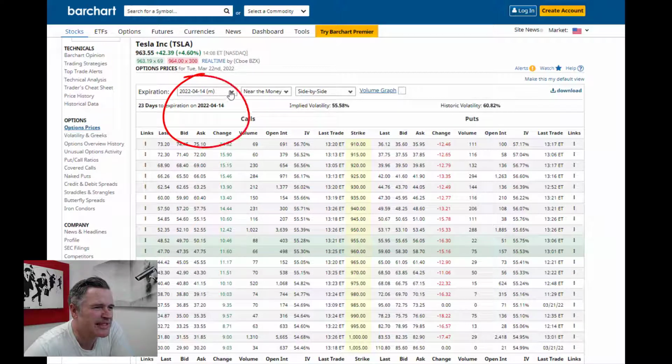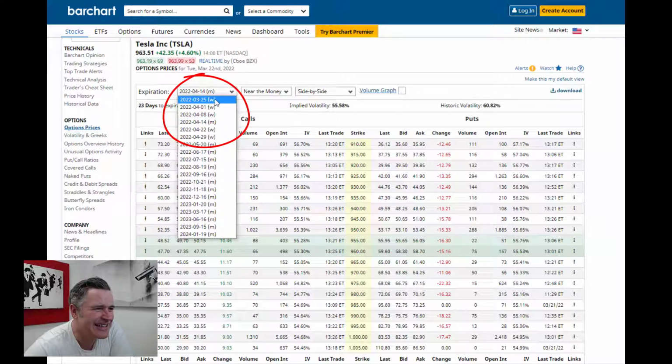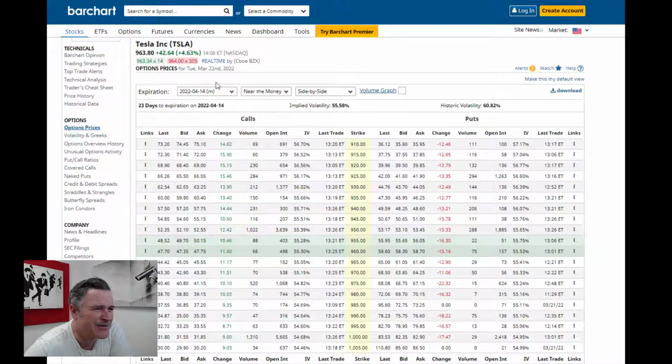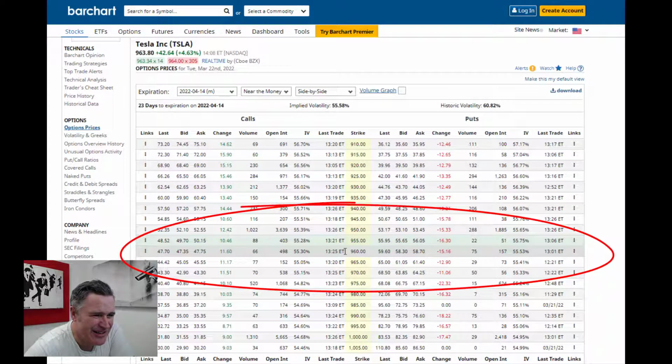Now we wanted the expiration date, and fortunately it's smack bang on that date, which is 20 odd days away from now. So we've selected that, brings up the prices. As you can see, the at the money is highlighted in these light sort of green areas. We can see 963.5, 964, so we're somewhere around about here, so you can pick either or. 47.75 for the calls.